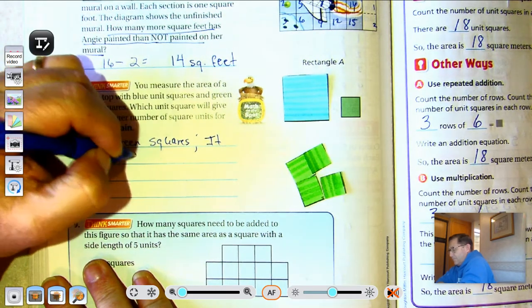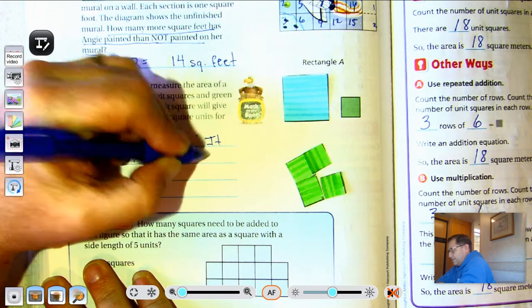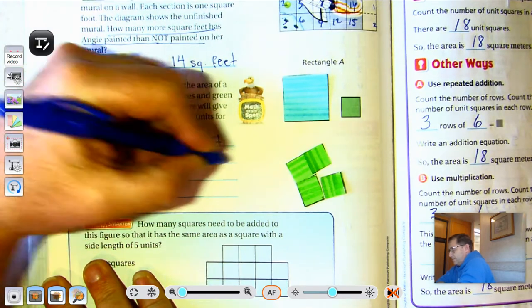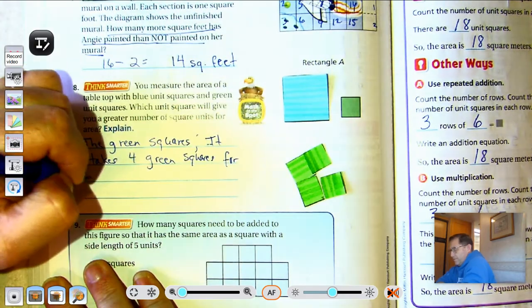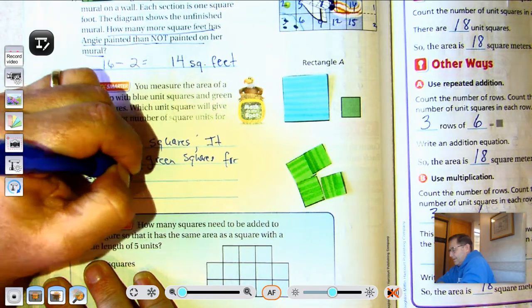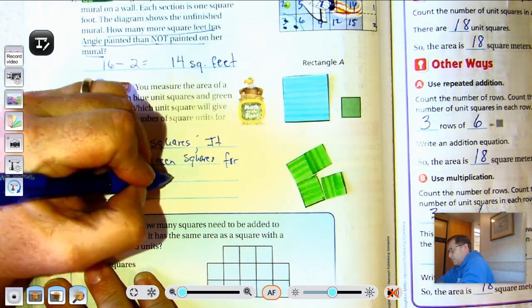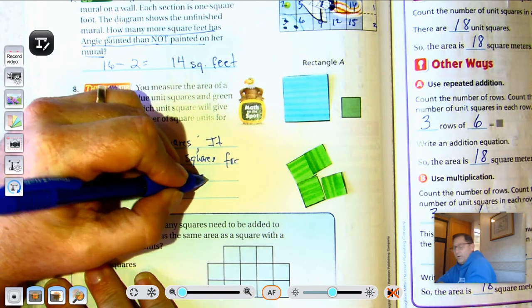It takes 4 green squares for every 1 blue square.